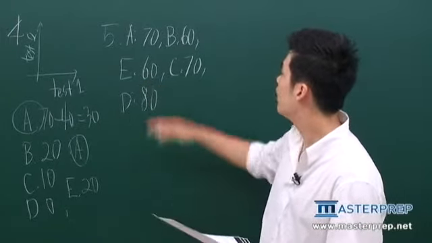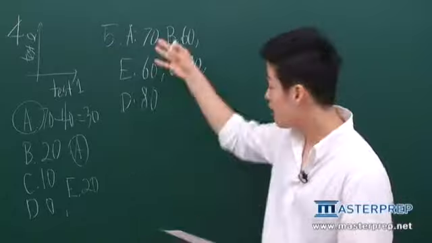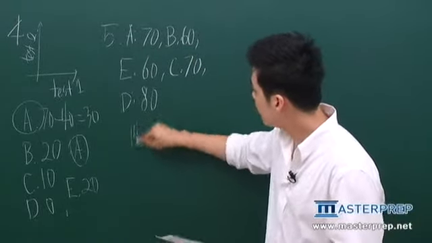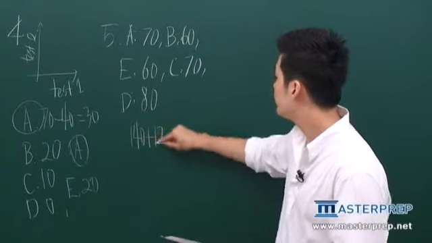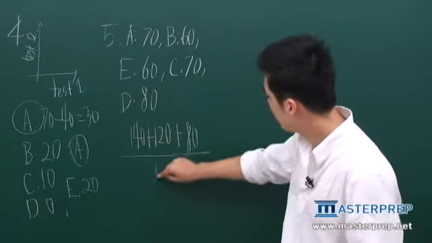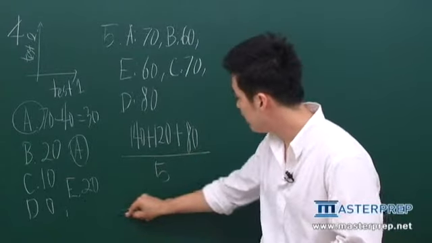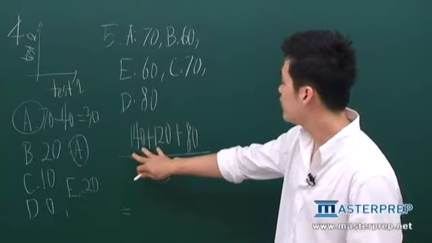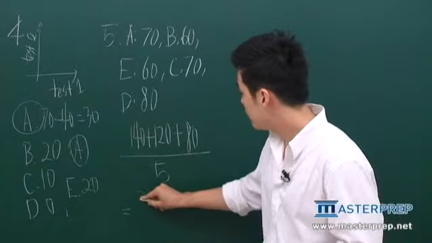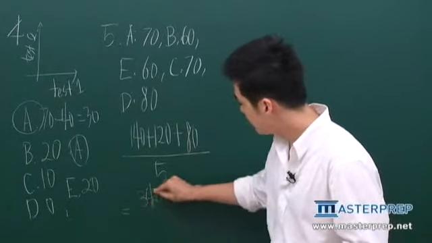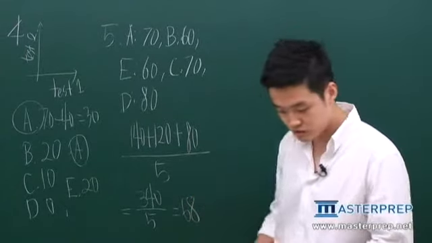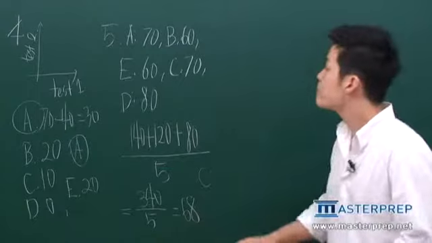Adding the elements and dividing by the number of elements, which is 5, we get 140 plus 120 plus 80, which is 340, over 5, which is equal to 68. So the answer is C.